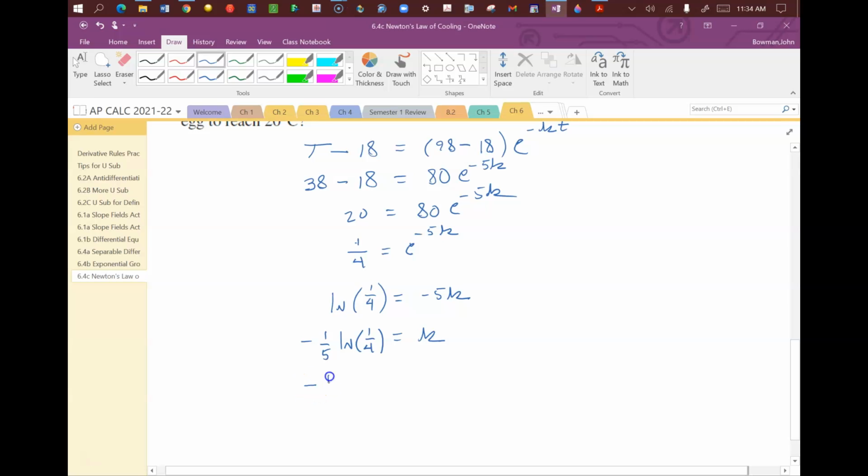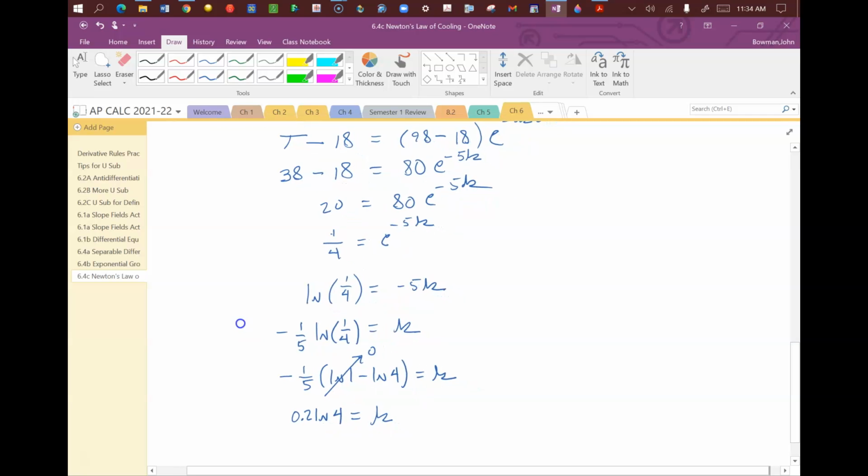So we have negative 1/5 times natural log of 1 minus natural log of 4 is equal to k, but natural log of 1 is 0, and the negatives cancel out, so k is equal to 1/5, or 0.2, natural log of 4.